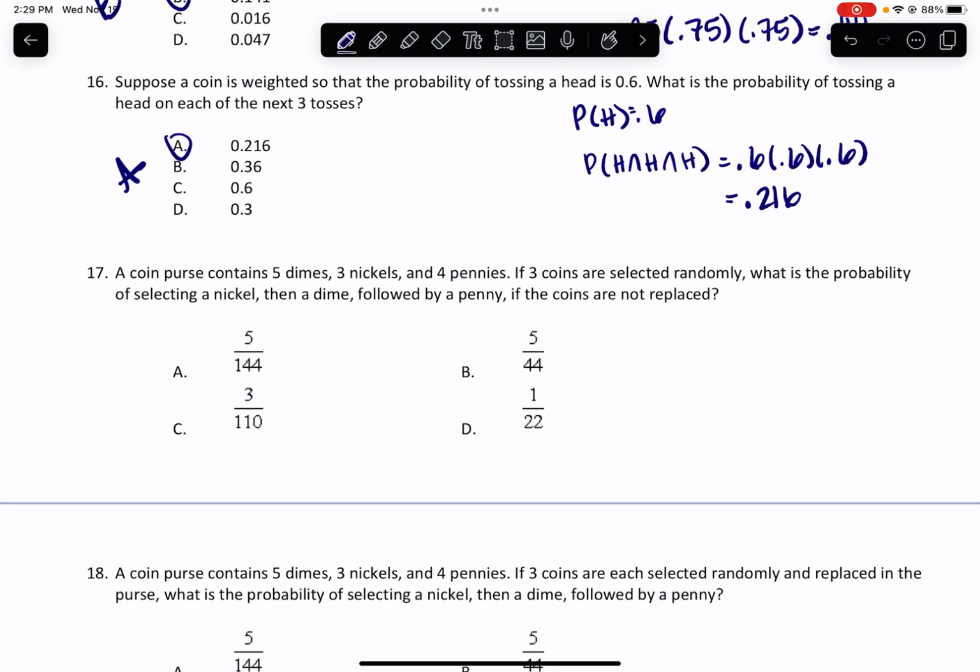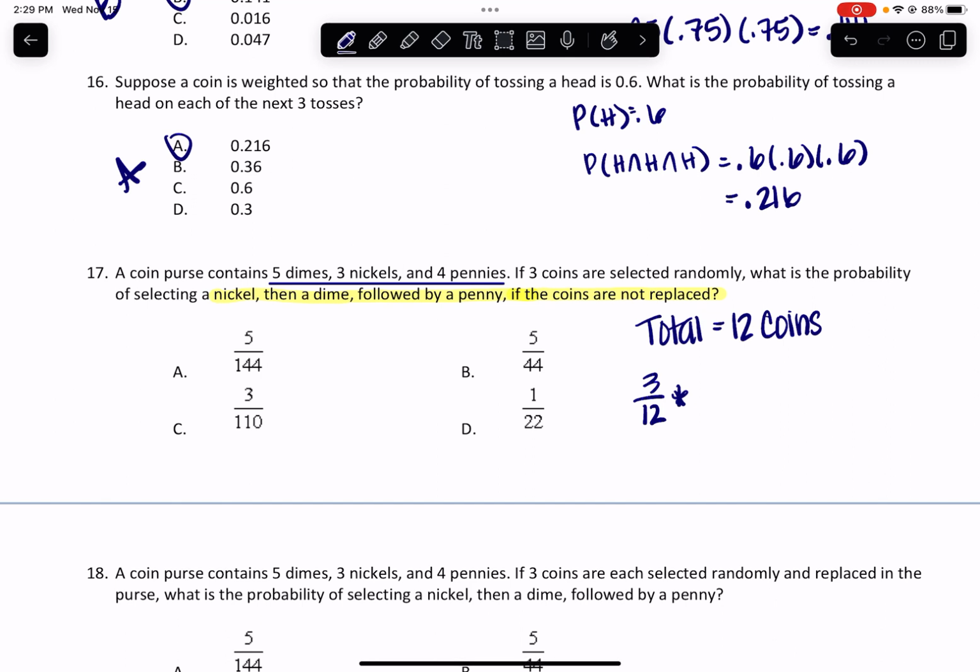Okay, a coin purse containing 5 dimes, 3 nickels, and 4 pennies. So we have a total of 12 coins. But we want, if the coins are not replaced, a nickel, a dime, and a penny. So for a nickel, there's 3 out of 12 nickels possible on my first pull.